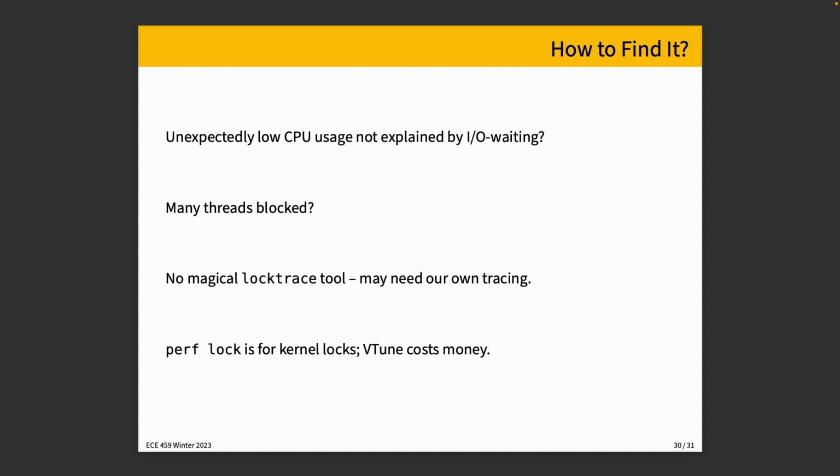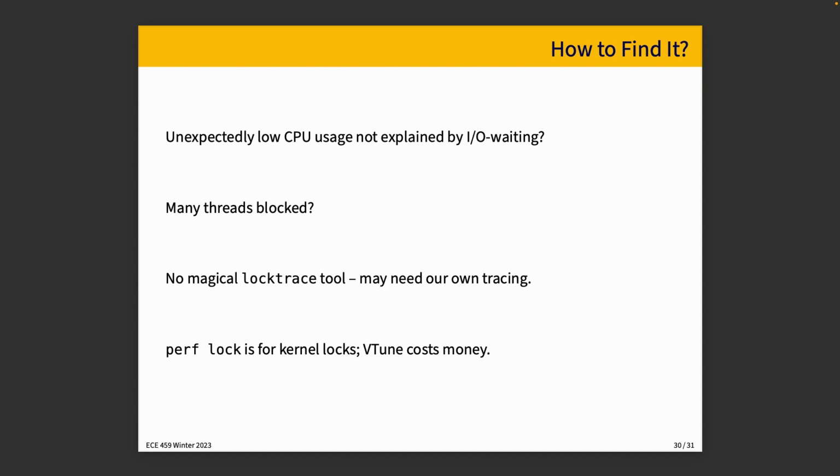I did some reading about this on perf lock, and it sounds at a glance like this might do what we want, but I'm sorry to disappoint and say actually it does not. Perf lock is good for finding locks in the kernel, and that's not great. It doesn't really find user space lock contention.